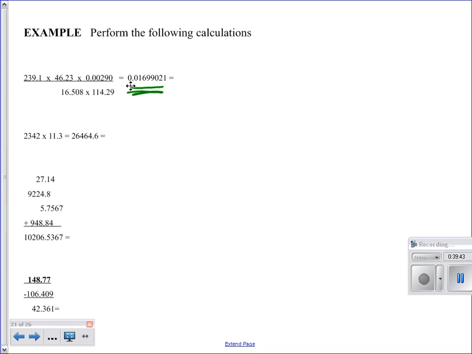So in order to do this, I see that I have a multiplication and division problem. Looks like right here I've got 4 significant figures, 4 significant figures, 3 significant figures, 5 significant figures, and 5 significant figures. And I know from all of my math training that 3 is the lowest number of all of those. So I am going to round my answer to 3 significant figures.